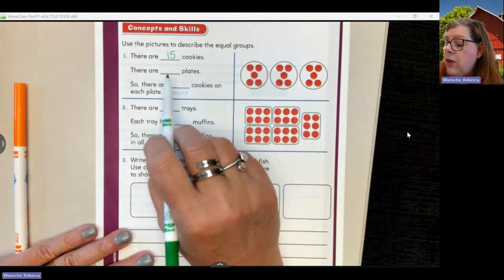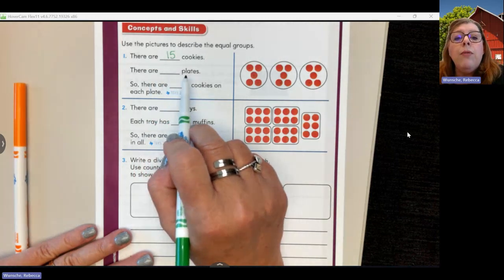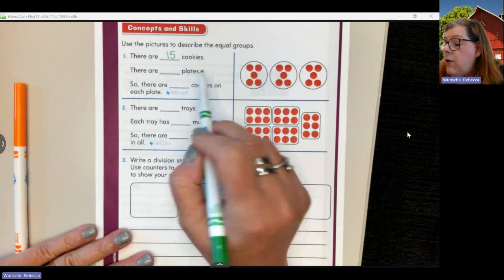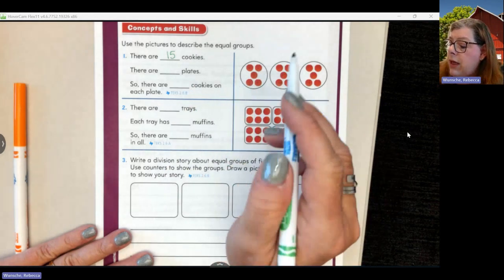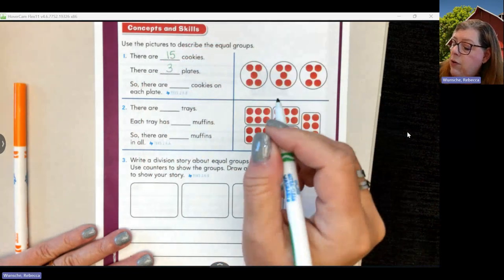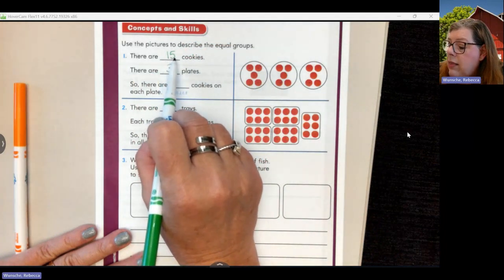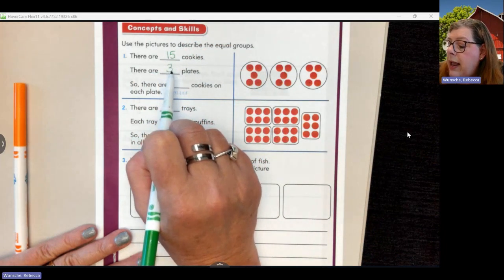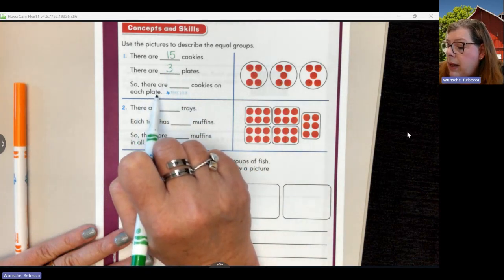Then the next question asks me about how many plates. This is how many groups my cookies are divided into. Well, I see 1, 2, 3 equal groups of cookies, so I have 3 plates. Now we're going to turn this into thinking about if we have our whole amount of cookies and we put them on 3 plates, then how many cookies are going to be on each plate?